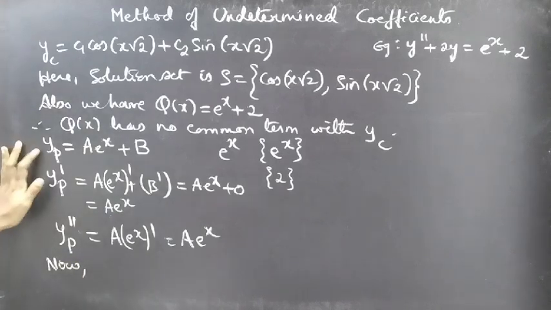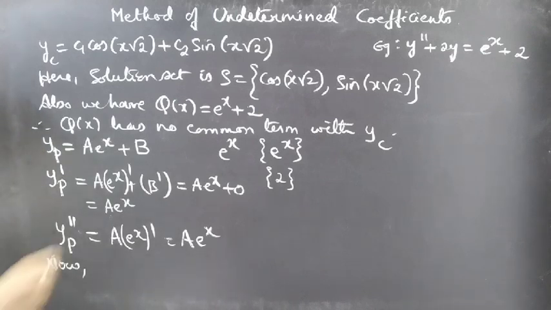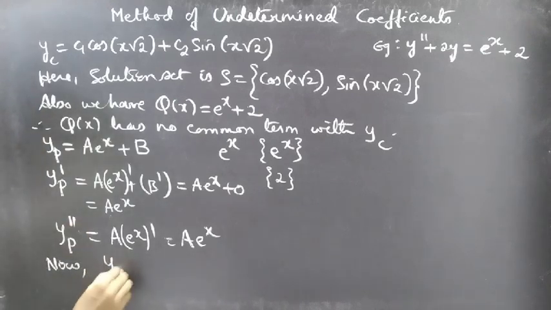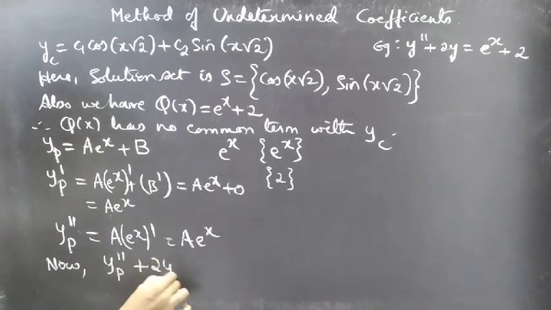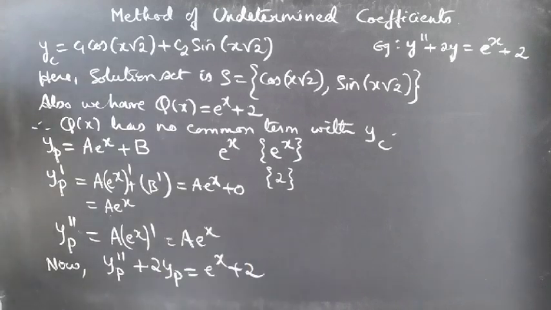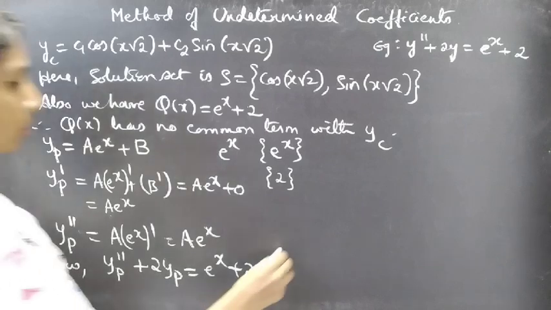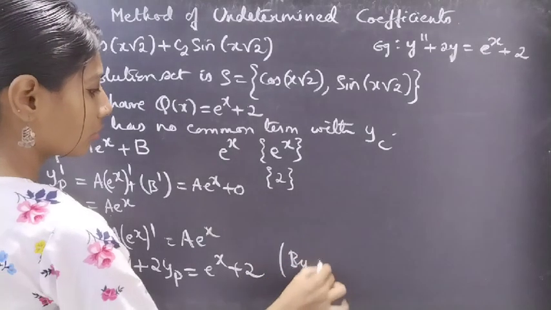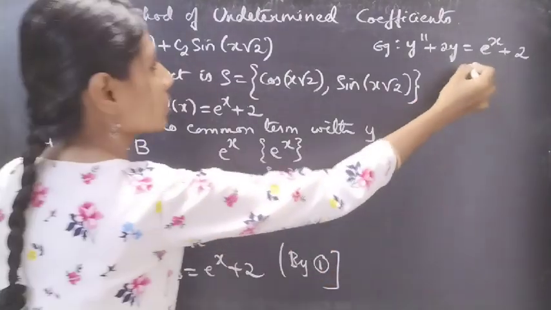Now we choose yp such that it should satisfy the given equation. So now we'll write equation 1 as yp double dash plus 2 yp equal to e power x plus 2. Just replace y by yp simply, in equation 1, that is the given differential equation.